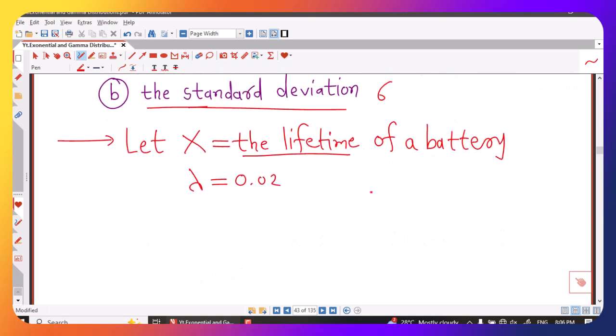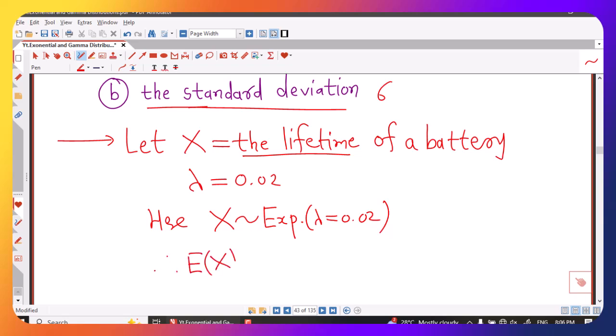Now we know that if we have an exponential random variable with parameter lambda, then the mean of X or expected value of X is given by the reciprocal of lambda. So this is 1 divided by 0.02, and this turns out to be 50.